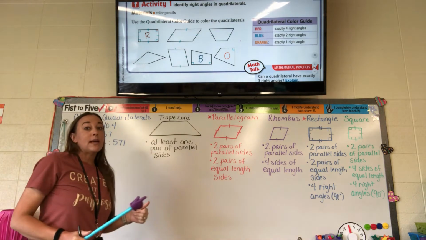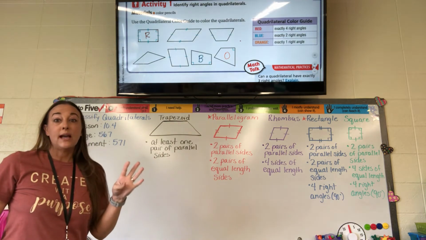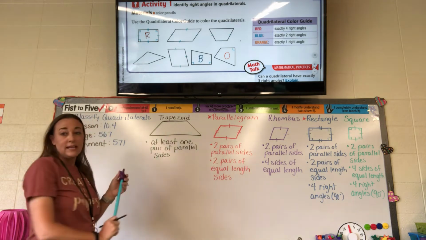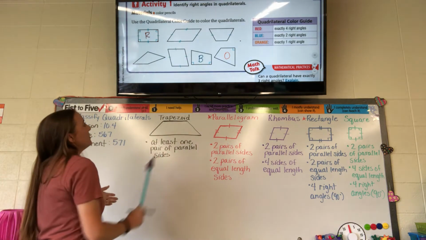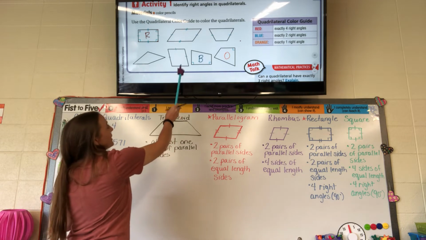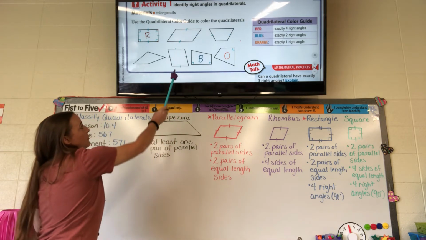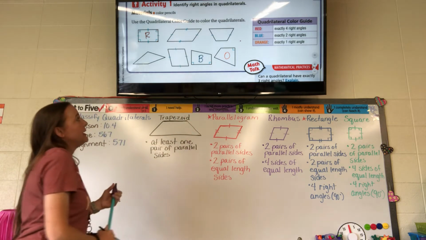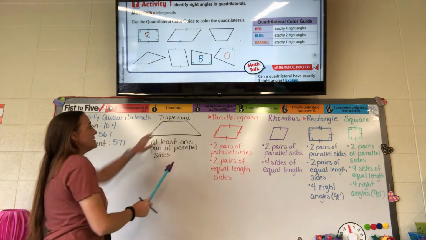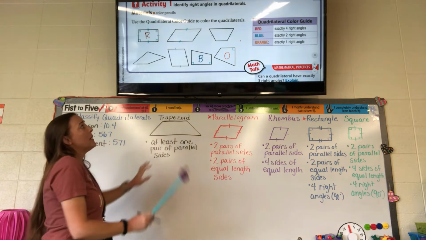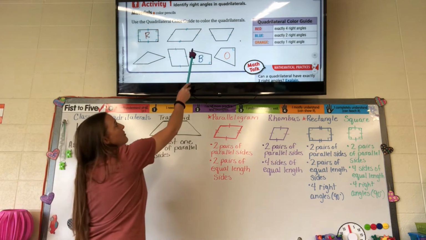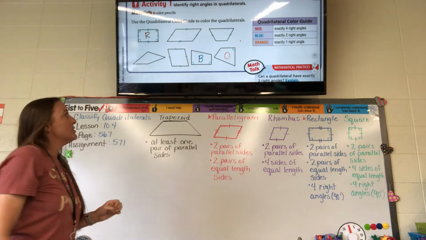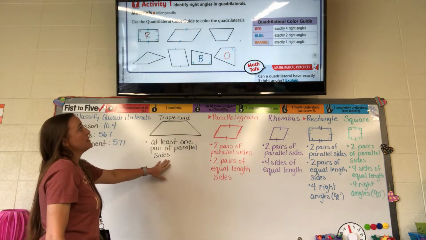It is a quadrilateral though because it has 4 sides and 4 angles, but it is not any of these quadrilaterals. And then we have what looks to be a square that's been pushed over a little bit, so that would be a rhombus. And then this one would also be a trapezoid. Now it doesn't look like the other trapezoid, but I see that it does have at least 1 pair of parallel sides, so it would be considered a trapezoid.